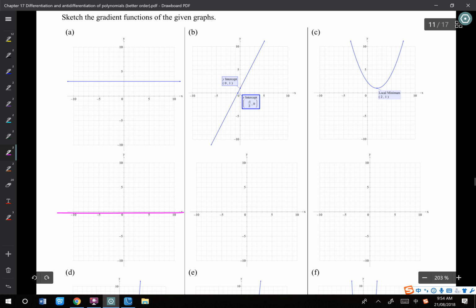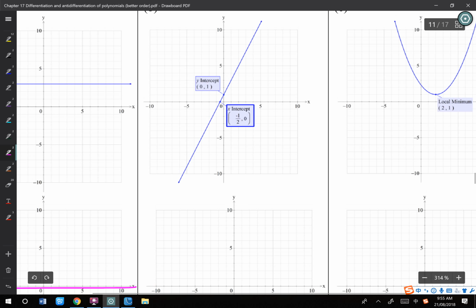Okay, it's the line here. The derivative is 0. That's why f dash x equals 0. Okay, what's the derivative for the next one? You have 2 points there. What's the derivative for that?